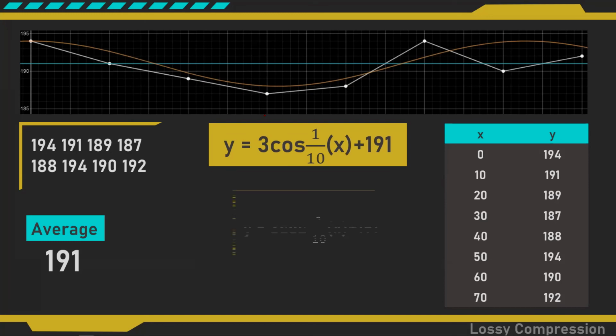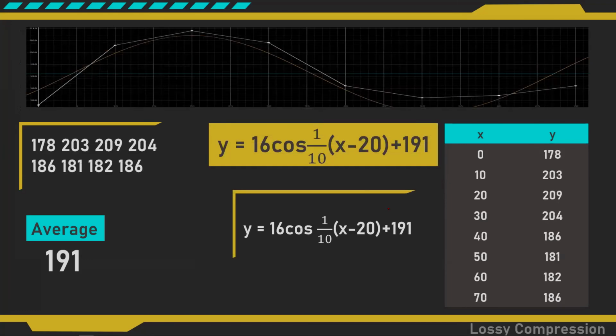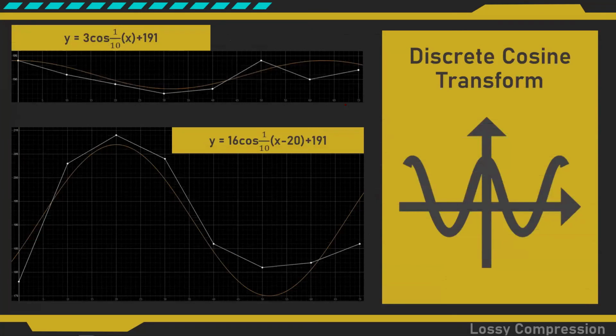So we can now replace these values with just one cosine function. And for the second row, we do the same thing. We just keep manipulating our cosine values until we match our pixel values. This is again our graph with the white line representing the pixels' accurate values.